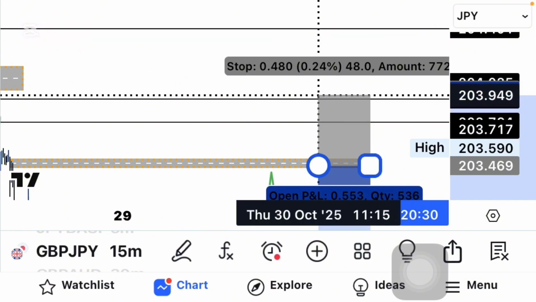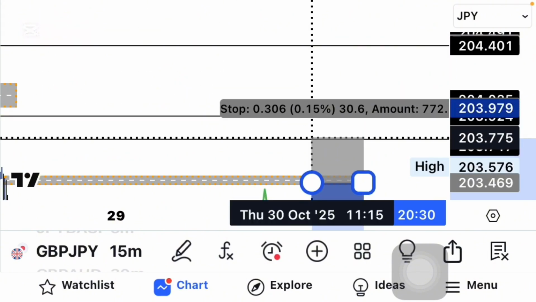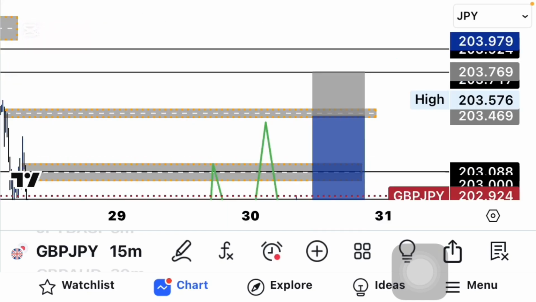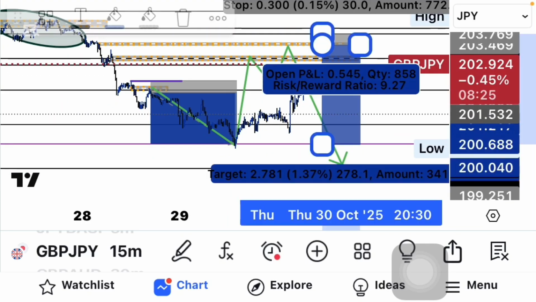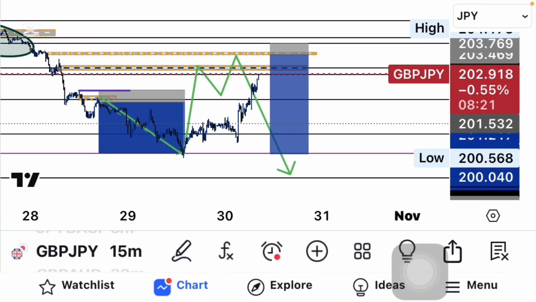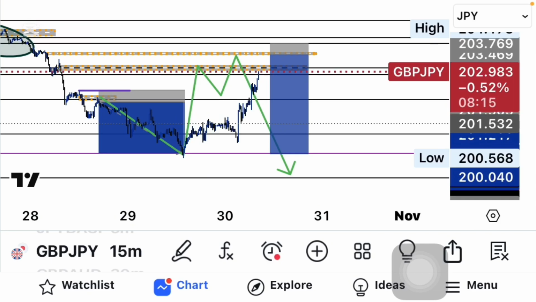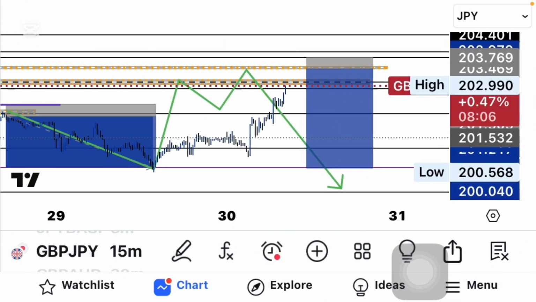This should be more than 1:4 right now. 48 is too much, at least 30 pips away. 30 pips away is okay. That's 1:9 here. So if we are risking $100 on this particular trade, we are gaining approximately $900. If you are risking $50, you should know how much you are gaining. You are gaining about $400 and something.